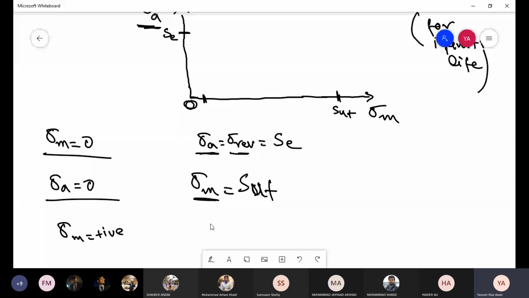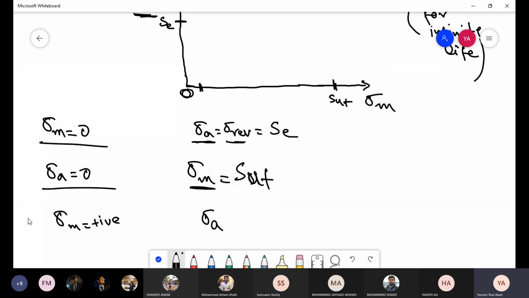We can easily say that for any SM that is positive, the limit for alternating stress for infinite life would be less than SE. Obviously we don't know the exact point, but we can say it would be lower than this point. And as we increase it, it should be even lower.